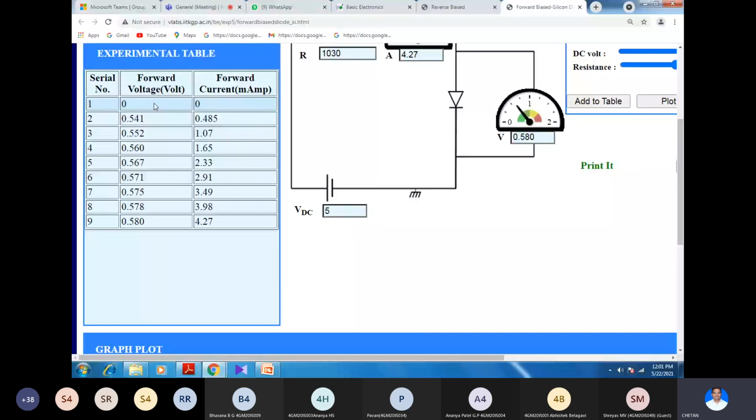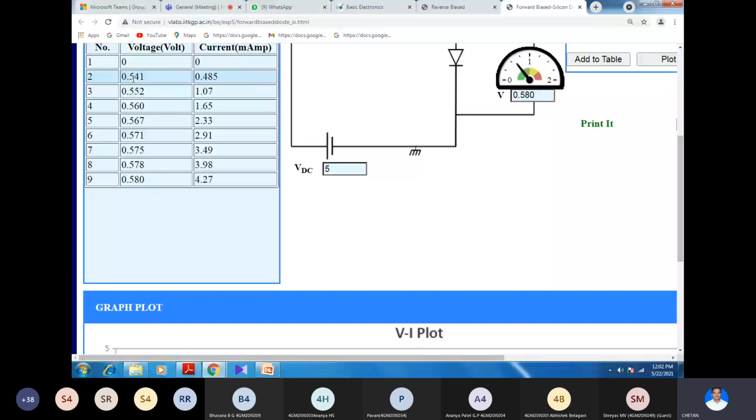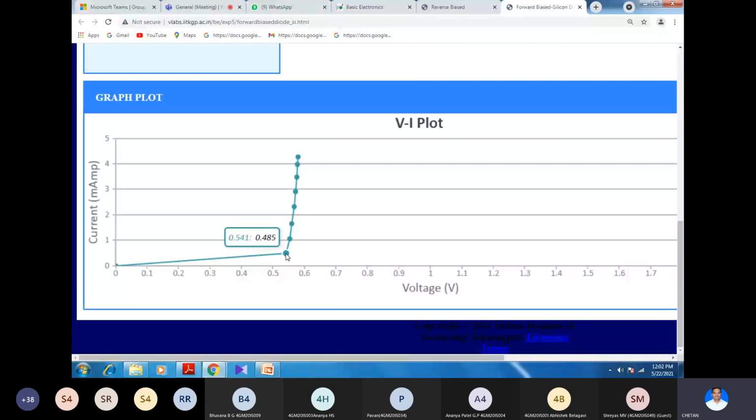So this is the first plot. Then afterwards, when the forward voltage is around 0.54, what is the current that you get? 0.485 milliampere, right? So this is the second one. This is the next plot value, and the next one, and so on.